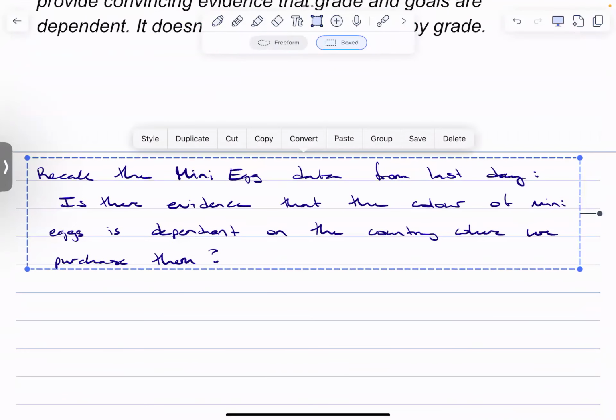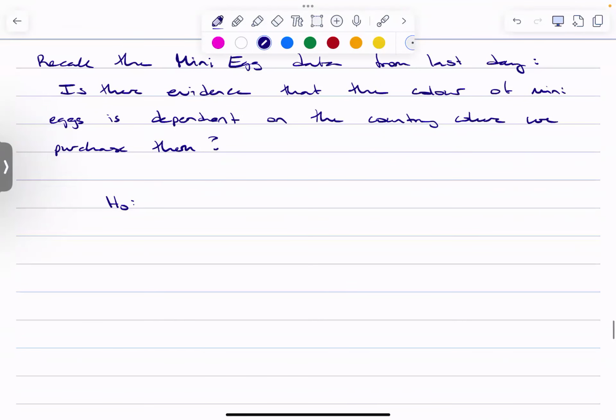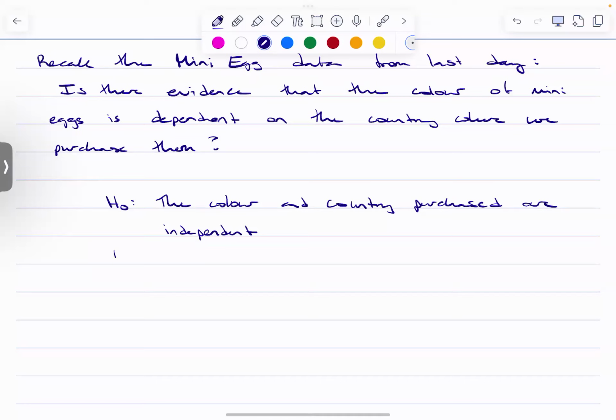I'll clean this up here. So our null hypothesis is that the color and country purchased are independent. Kind of a shorthand version. State the hypotheses.